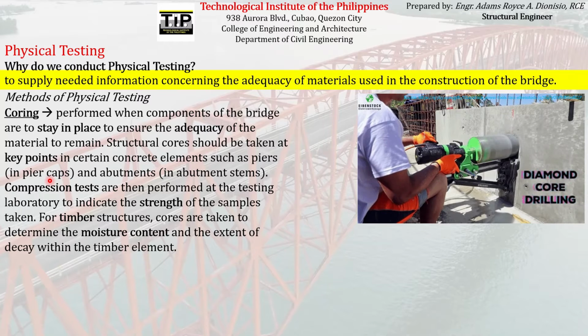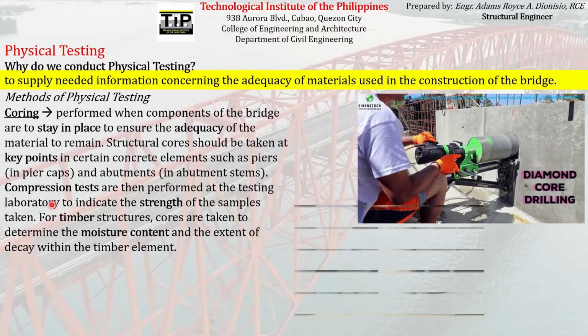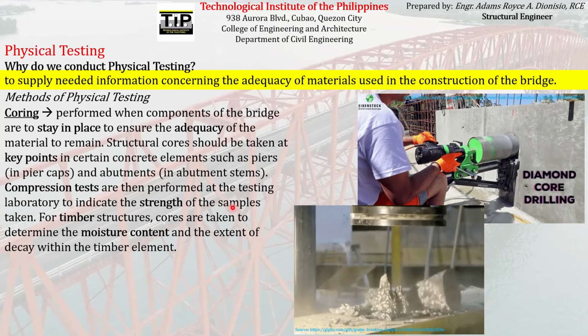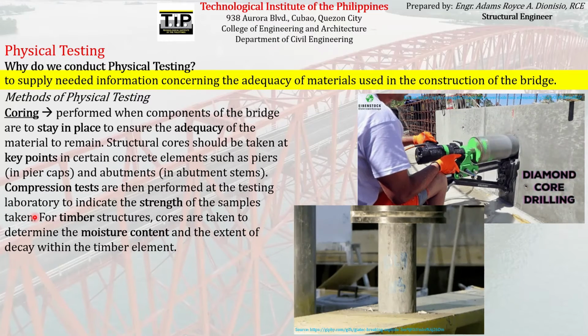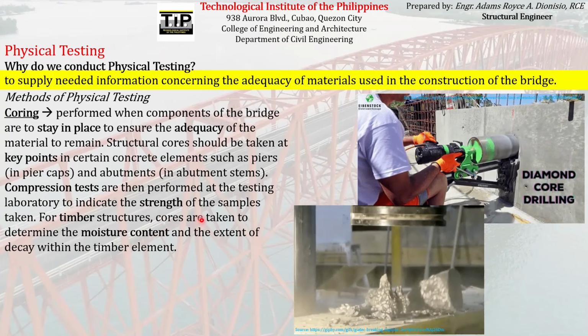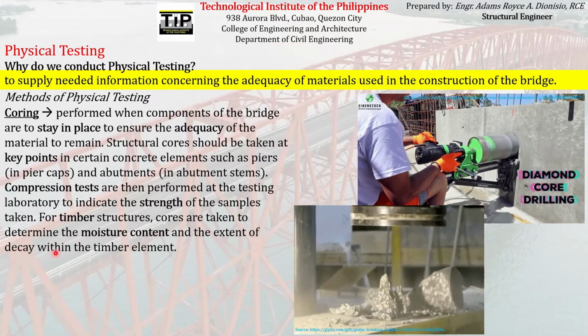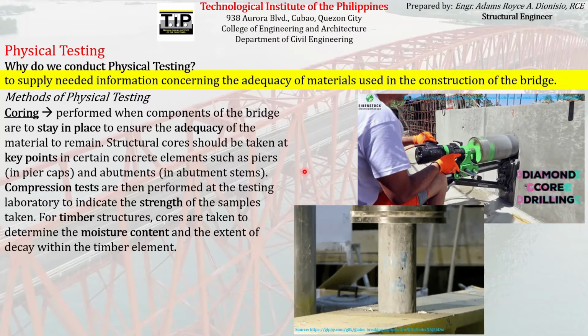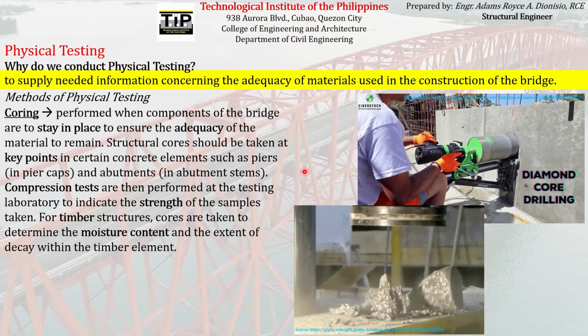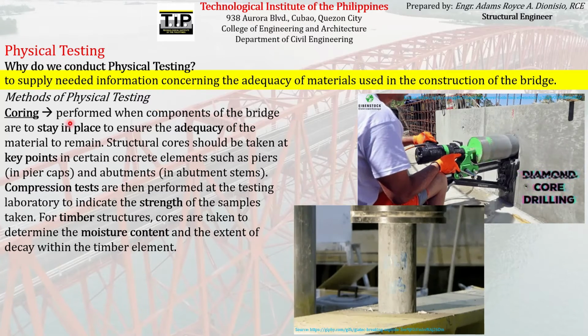And then after collecting those structural cores, compression tests are performed at the testing laboratory to indicate the strength of the samples taken. For timber structures, cores are taken to determine the moisture content and the extent of decay within the timber element. So the first method of physical testing that we will study in this discussion is the coring.